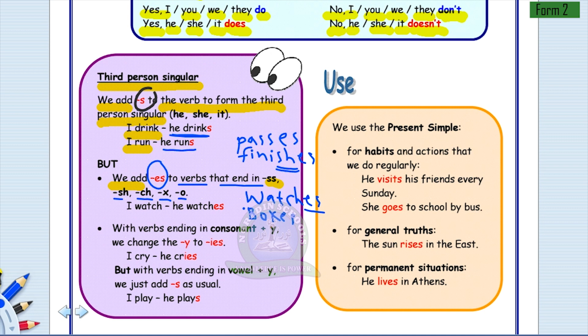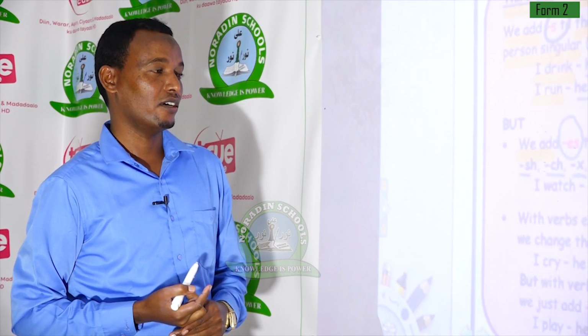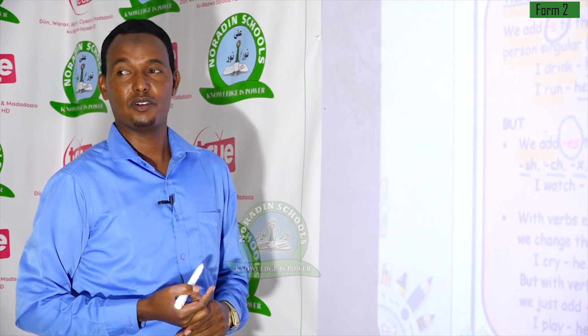For example, this is very common, you have seen it many times: go. I go to school, but if I say my brother or my sister goes. It ends with o, and we need to add es when it comes to the simple present form.